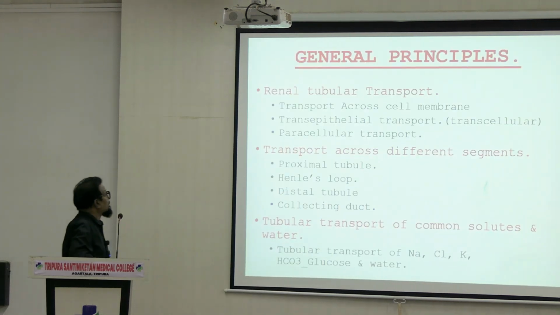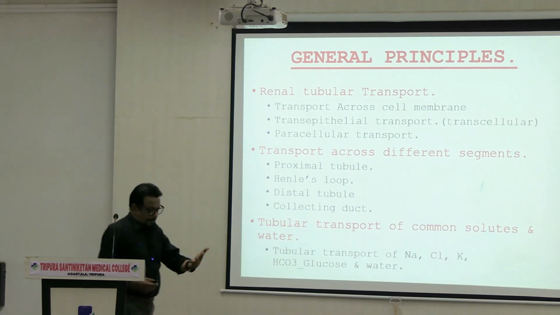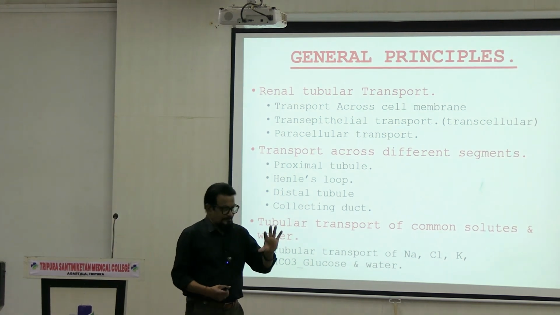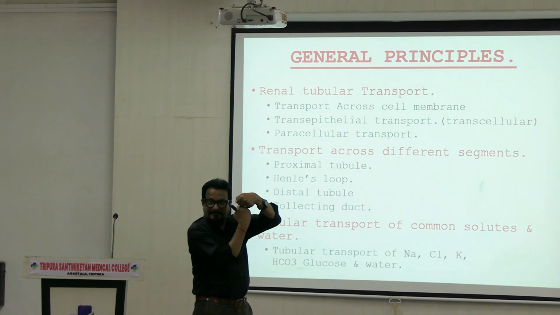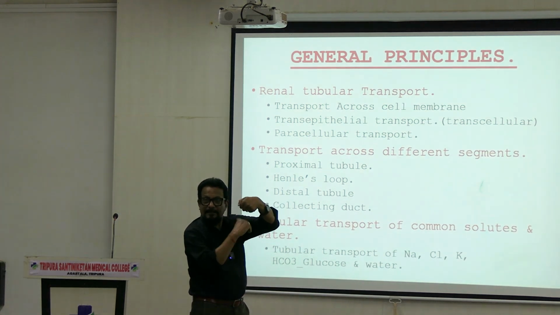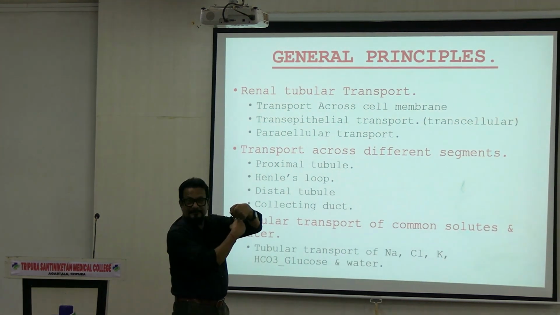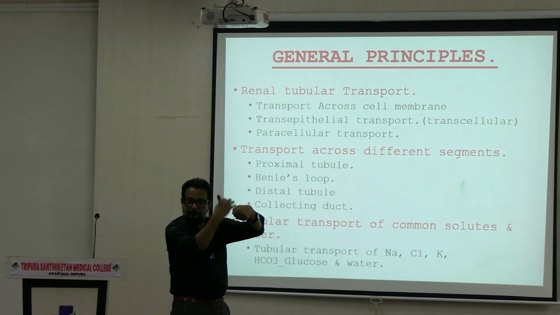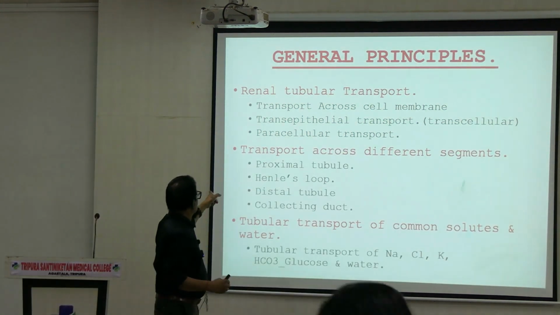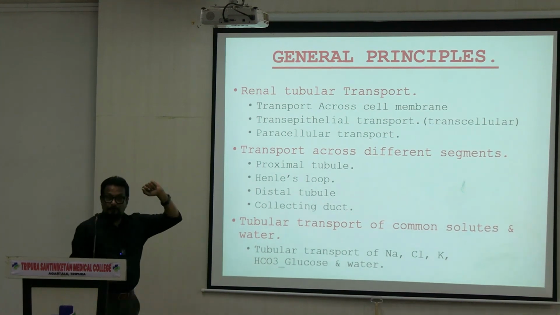And the general principle is renal tubular transport. Transport happens in two ways. In between the epithelial cells, there are tight junctions. Some substances will pass through the tight junction into the capillaries from the lumen. So this is called paracellular transport.